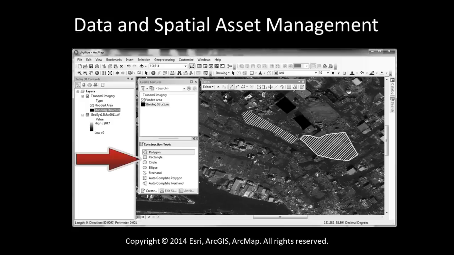As can be seen in the middle left of the image, a variety of construction tools such as polygon, rectangle, and circle, and others are available to create features in two categories: flooded areas and standing structures, as can be seen above in the construction tools. On the image itself, flooded area polygons have been digitized or traced from the image and are shown as polygons with a slanted line fill, and standing structures are shown as black-filled polygons.